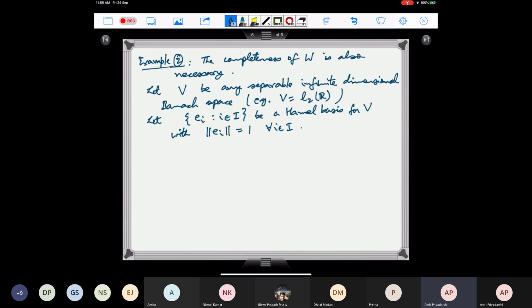So if we take any Hamel basis, we have seen that if we have any infinite dimensional Banach space, then the Hamel basis has to be uncountable, right?